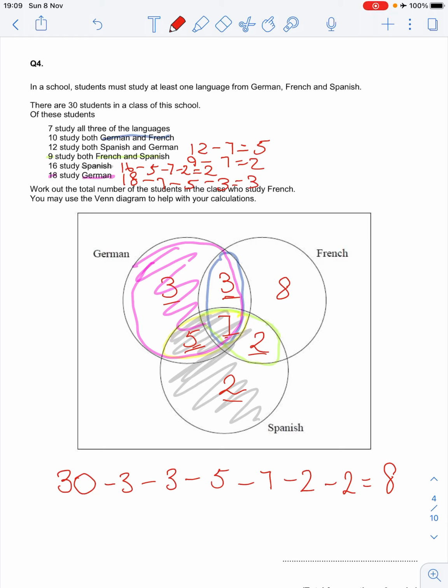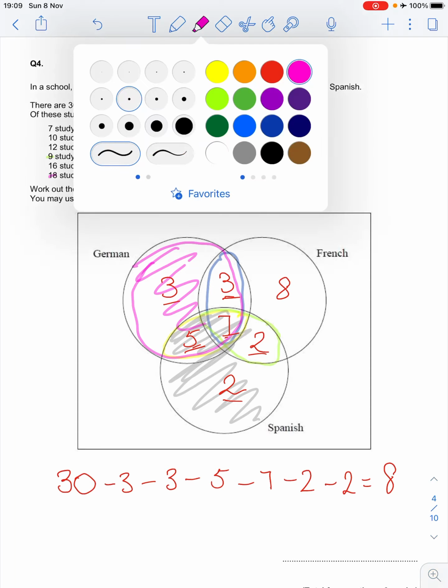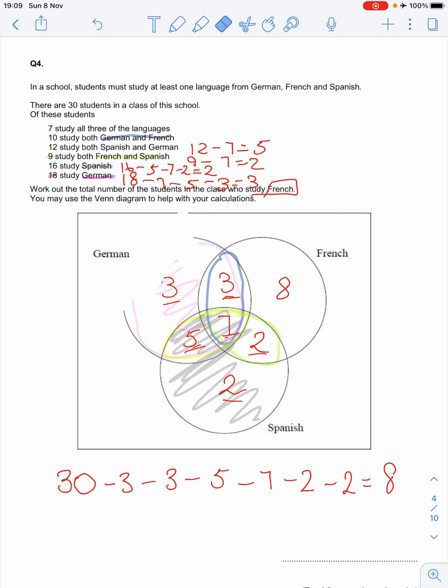But the question asks us how many study French. This means we want to find this circle here. So we want to find how many people are in this circle.